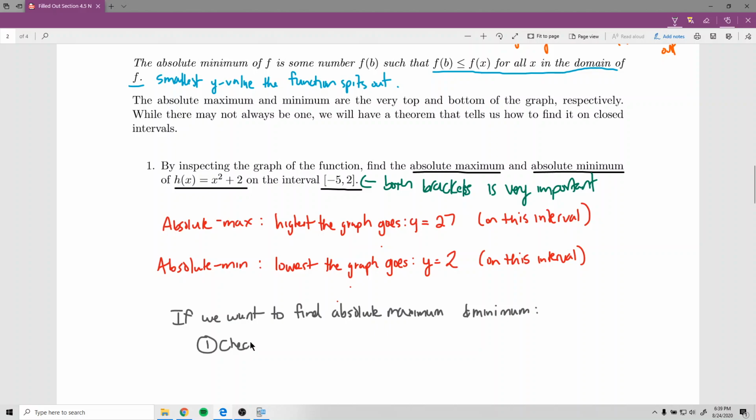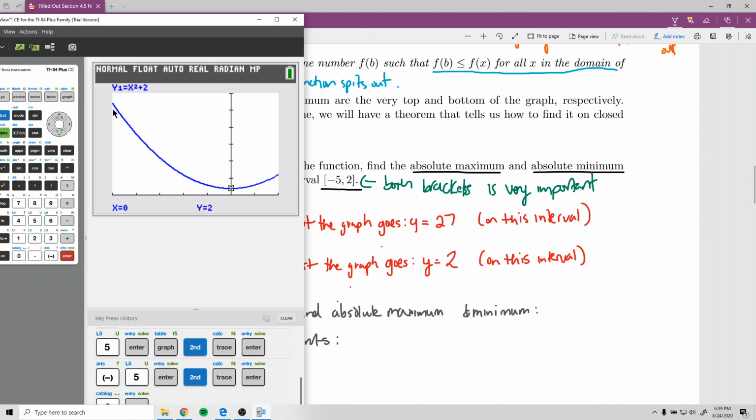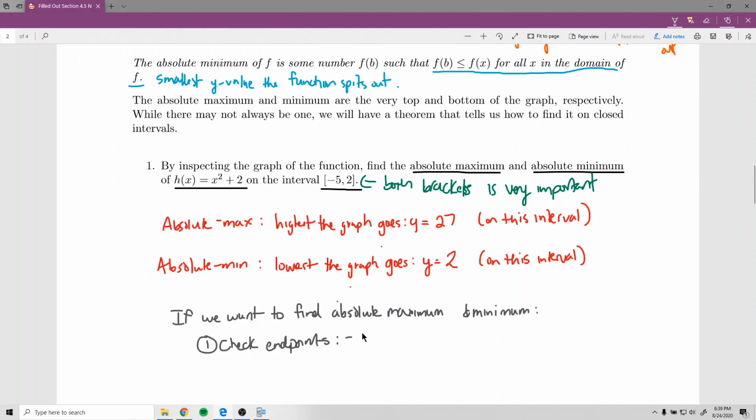We have to check the endpoints, because the absolute maximum, as we saw here, occurred at the left endpoint. If we move the interval over, maybe it would occur at the right endpoint. So for our example here, what we'd have to do is plug in -5 and 2.